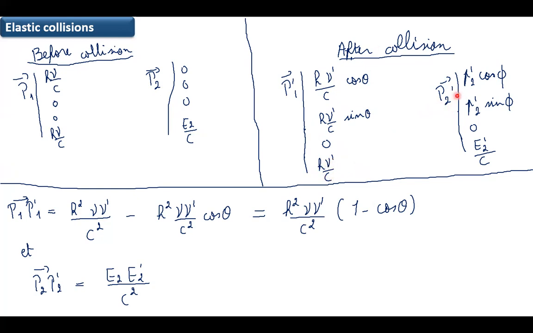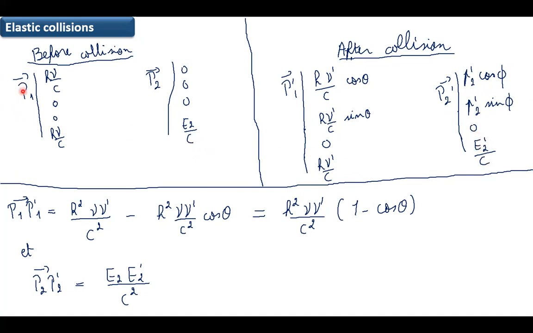For the electron, P prime 2, whatever the 3D momentum of the electron, is p prime 2 cosine phi over x, p prime 2 sine phi over y, 0 over z, and E prime 2 over c.